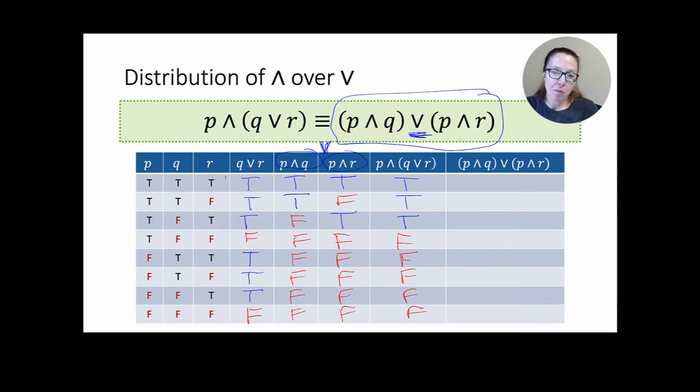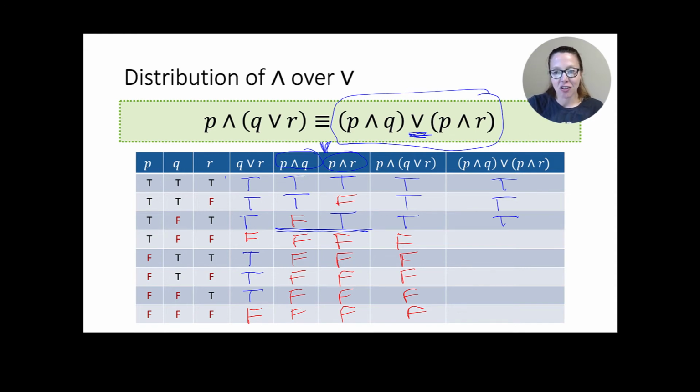That whole side is going to be true if either P and Q is true or P and R is true. And what we can identify is that this is only going to happen in those first 3 rows. After that, both P and R and P and Q are all false. And so again, only those first 3 rows are true and the remainder are false.